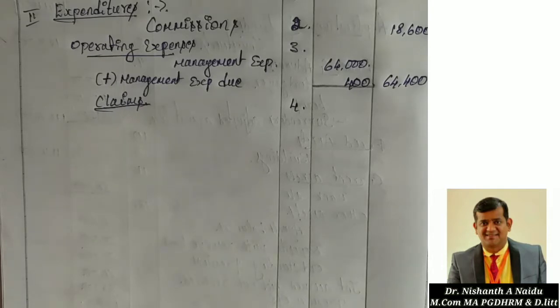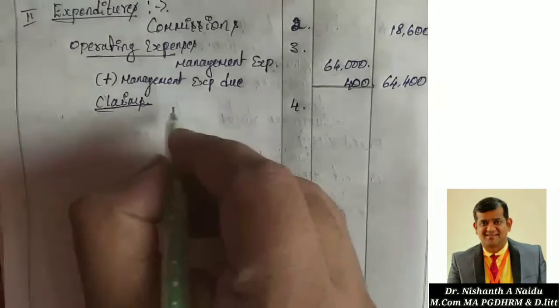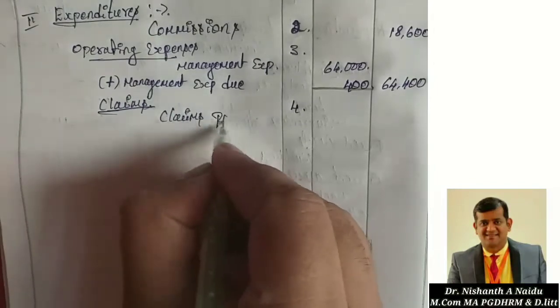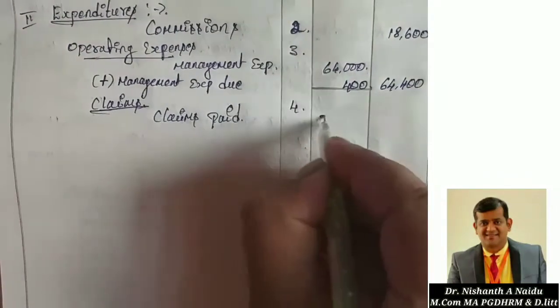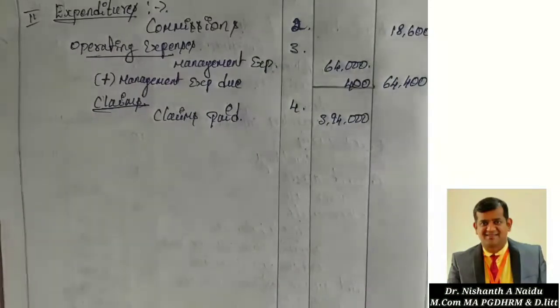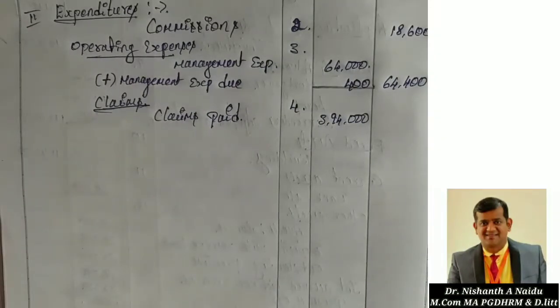By this time you would have learned everything. In the claims, just check out claims paid. How much? 3,94,000. So I'm writing claims paid 3,94,000 rupees.